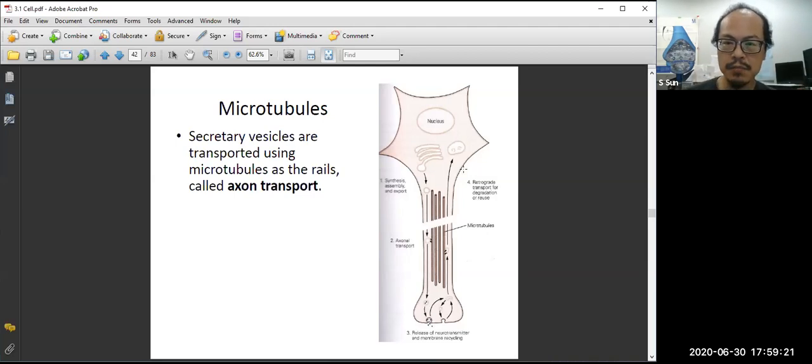If this bus is on the highway to move, that highway will be the microtubule. This one is an example in the nerve, called axon transport. Or, if it's a highway, then this is a rail to load on and then move. That's also provided by the microtubule.